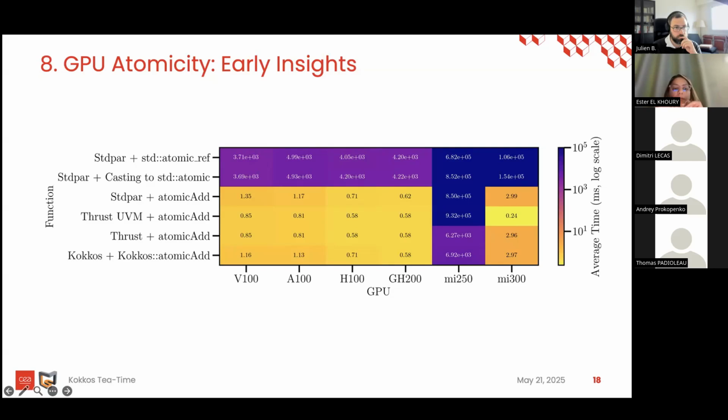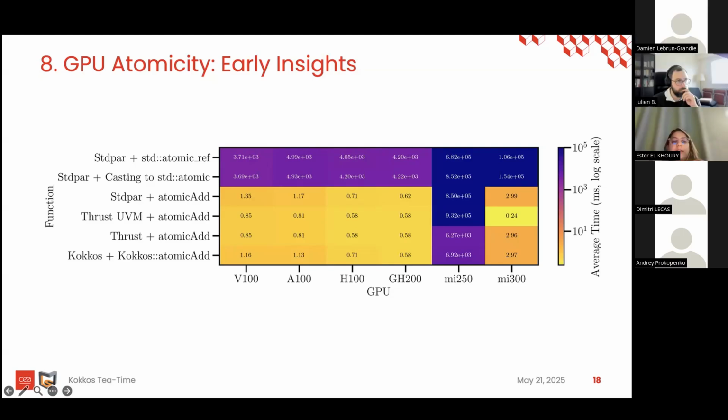Just to be more precise, with Kokkos we have used the Kokkos atomic adds, so this is a more portable solution than the CUDA atomic adds. As you can see, we had much better performance using atomic add in the projection loop.